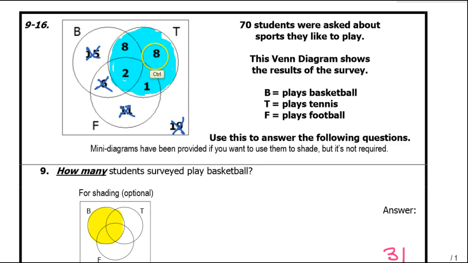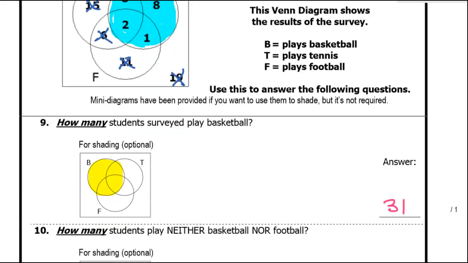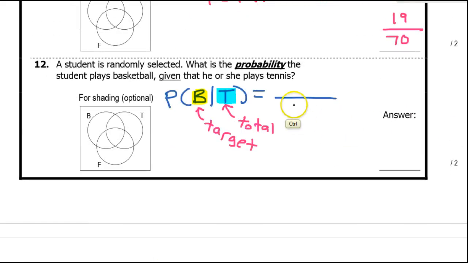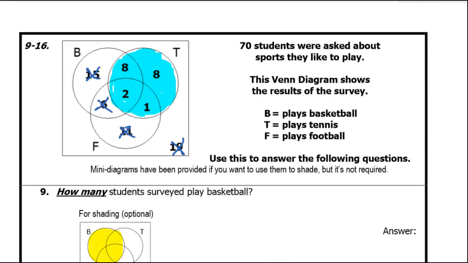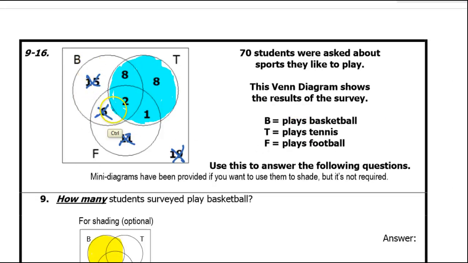And so what is that? Let's see, 8 and 2 is 10, and then 8 and 1 is 9. So this is going to be 19. So the new total is 19. So that's going to go in the denominator. Now how about the target? The target is B, but be careful. We're not going to use any of these B's that we canceled out.